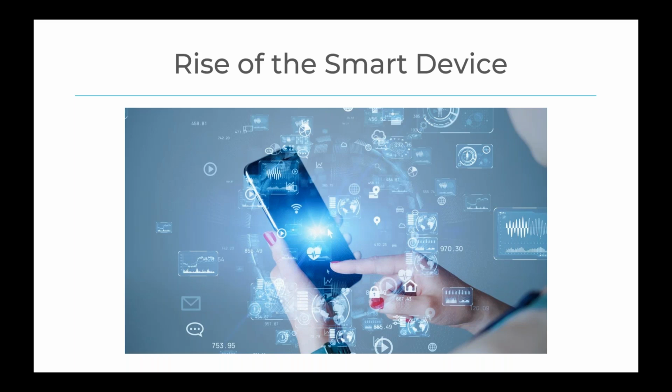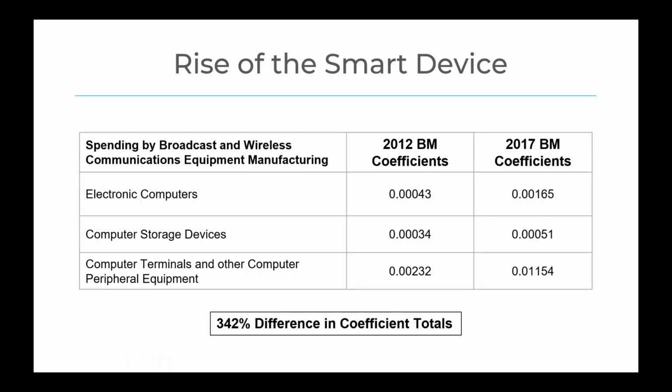If we look at what the broadcast and wireless communications and equipment manufacturing industry was purchasing, we can pretty clearly see that electronic computers, computer storage devices, and computer terminals and other computer peripheral equipment were purchased in greater proportions than they had been.